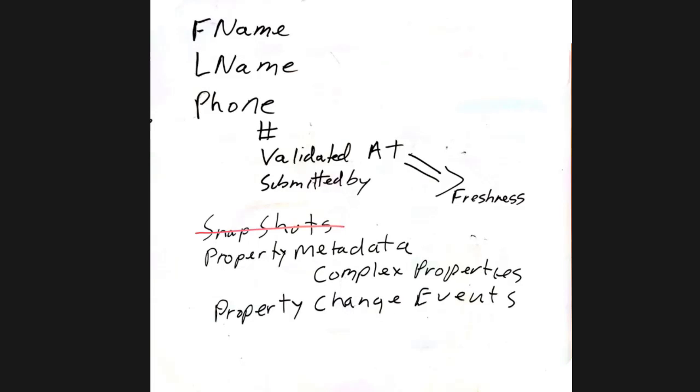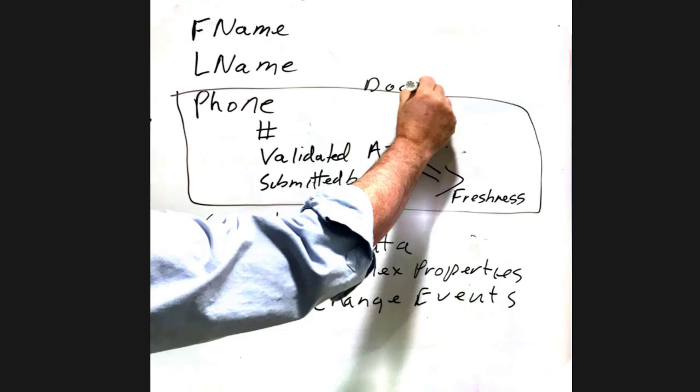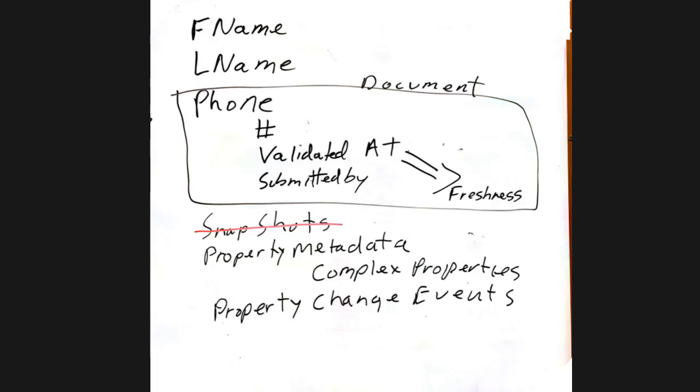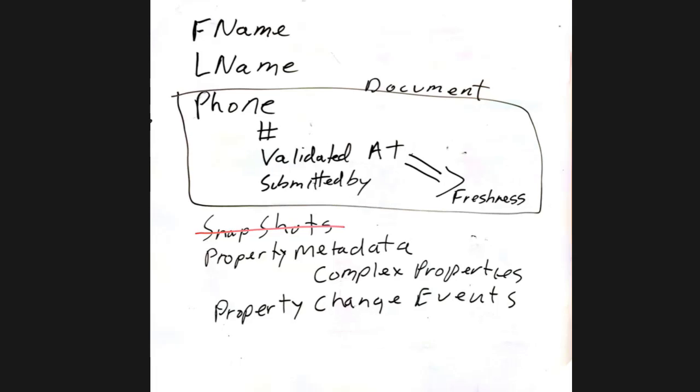One is we can do property metadata, complex properties. If we looked at the phone number up here, if we had a document store, we could just store this thing as a document, have a phone number, and have a bunch of subproperties on it, because we can have an arbitrary dictionary of values or JSON or whatever you want to call it underneath it.